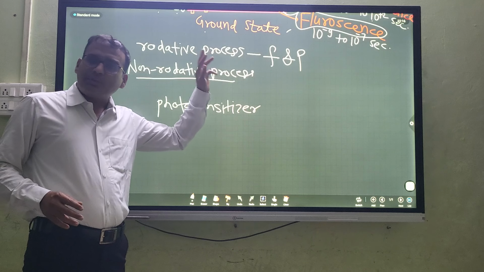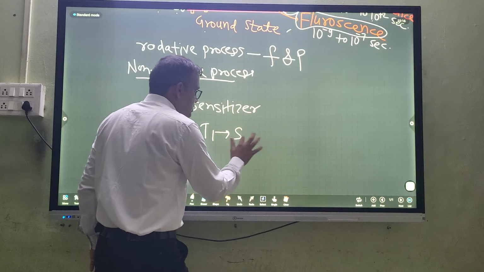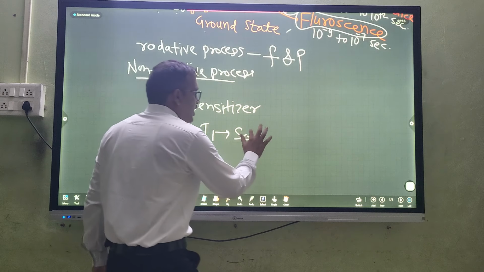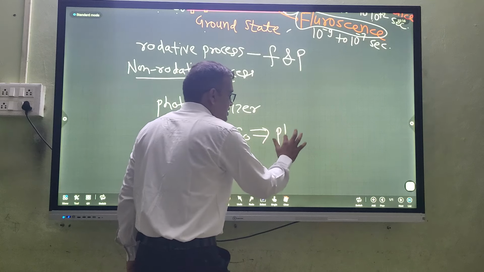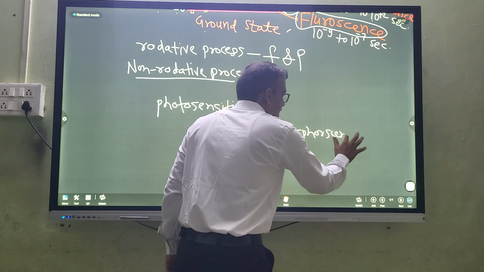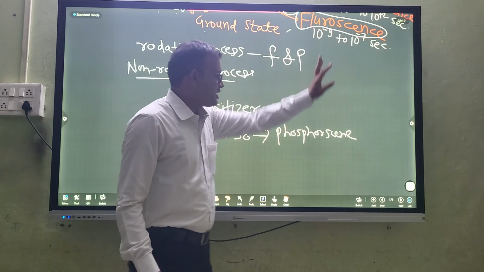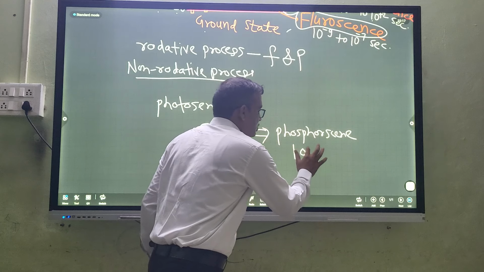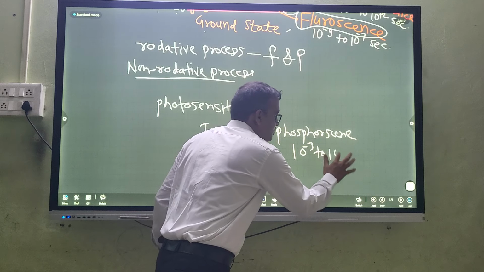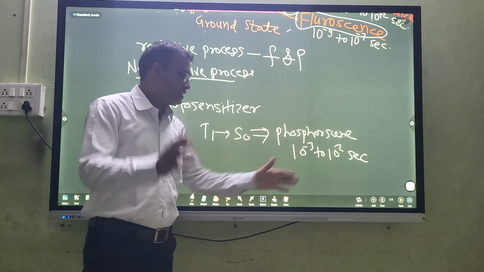According to the Jablonski diagram, from T1 to S0, the phenomenon that happens is phosphorescence, which has a time period of 10 raised to minus 3 to 10 raised to power 2 seconds, much longer than fluorescence.